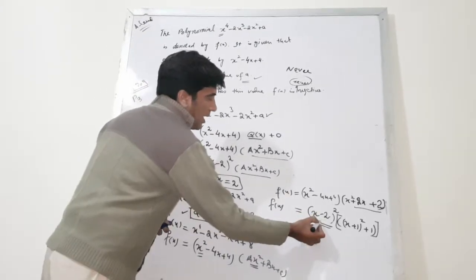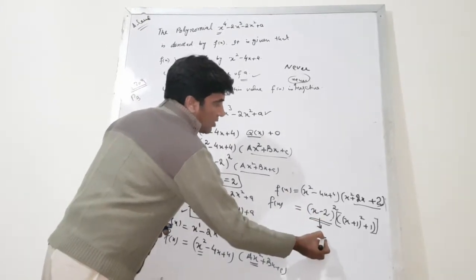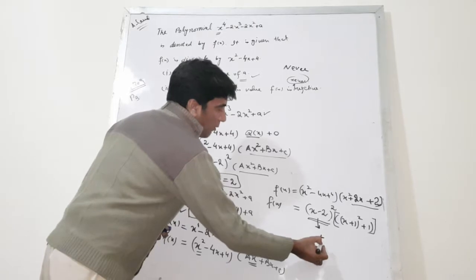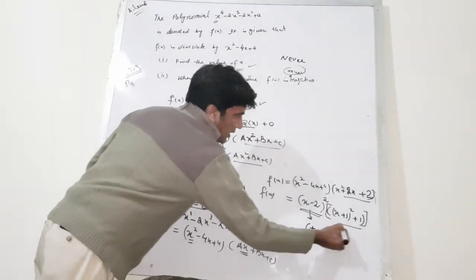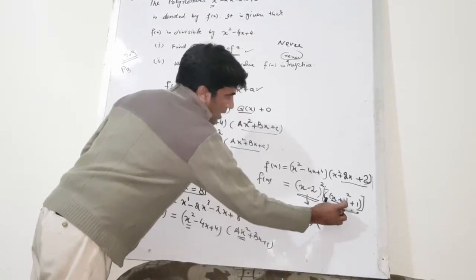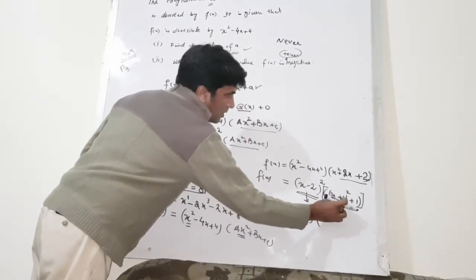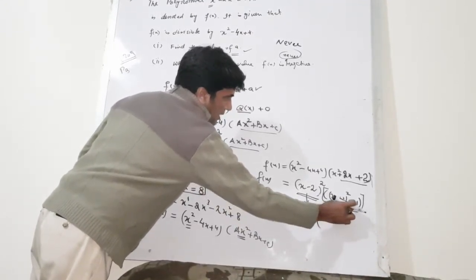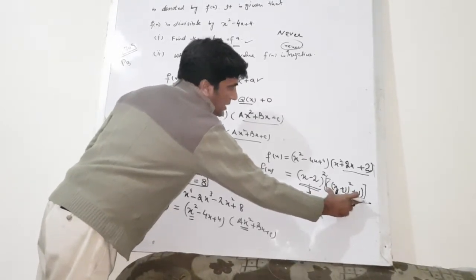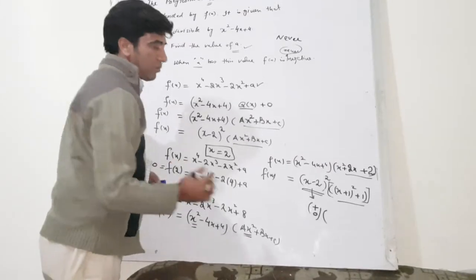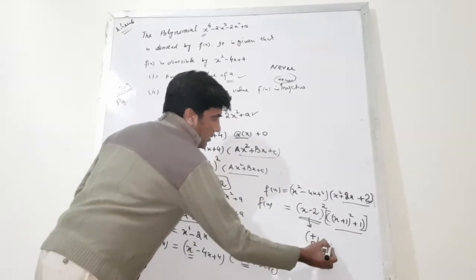So this answer is always 0 or positive. In the same way, this is a square, so it is always 0 or positive, plus 1, so your answer will always be greater than or equal to 1 for this second part.